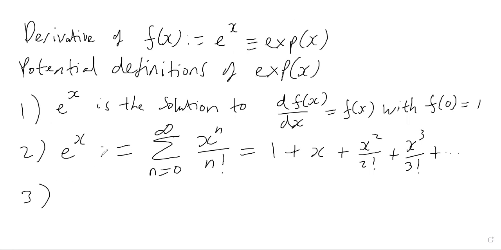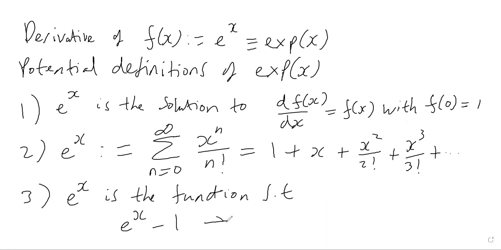Or you could also define this exponential function using this kind of definition: e to the x is the function such that (e to the x minus 1) over x tends to 1 as x tends to 0.